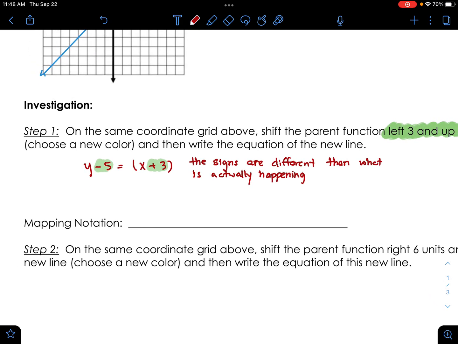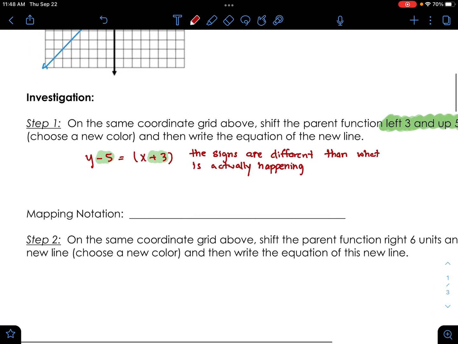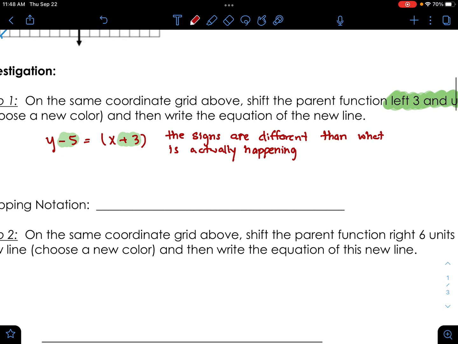Now, that is where mapping notation comes in. Mapping notation is a way that allows you to explicitly say how your x and y values are changing based on the transformation. So in this case, we would say take x, y, our original points, and transform them by subtracting 3 from the x value and adding 5 to the y value.